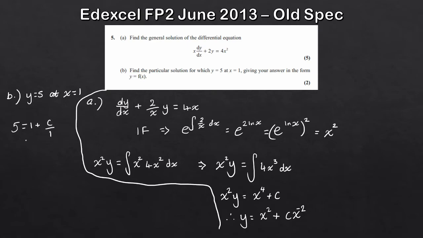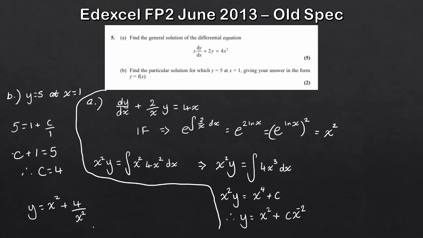Well, c over 1 is just c, so c plus 1 is equal to 5. Well, c clearly has to be 4. So my particular solution is going to be y equals x squared plus 4 over x squared, because c in this case is 4, and remember it's x to the minus 2, which is the same as c over x squared. And that's it.